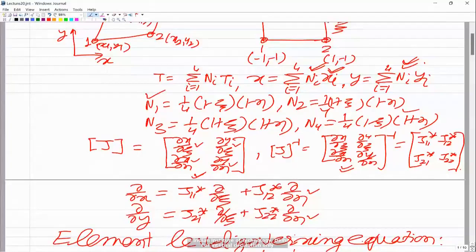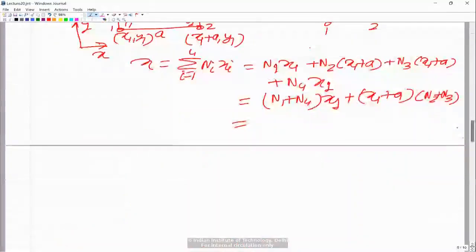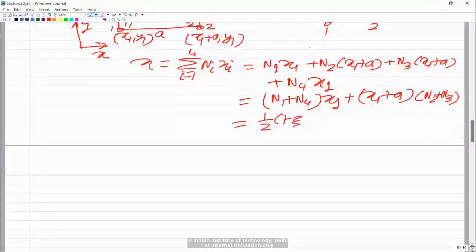So eta will cancel, you will get 2. So you will get n1 plus n4 as 1 by 2, 1 minus xi into x1. And similarly, n2 plus n3 would come out as 1 by 2 into 1 plus xi, and of course this x1 plus a remains there.